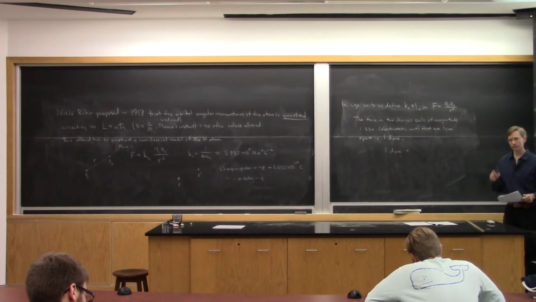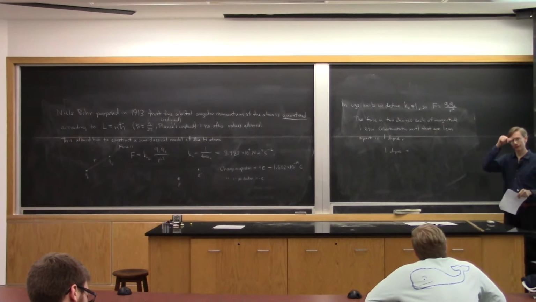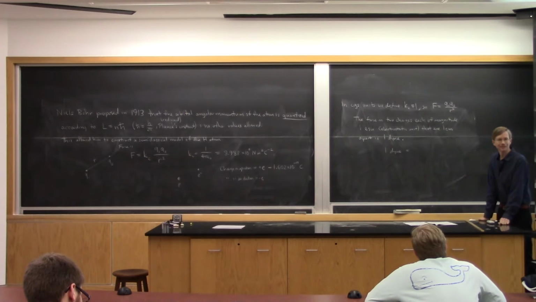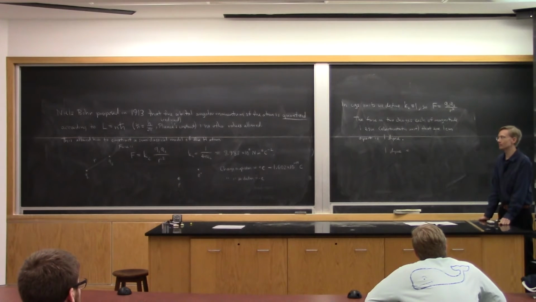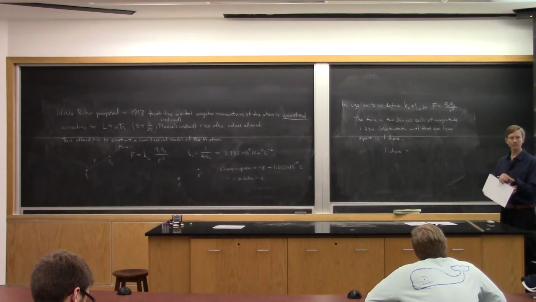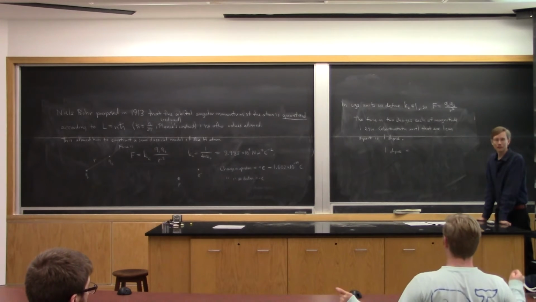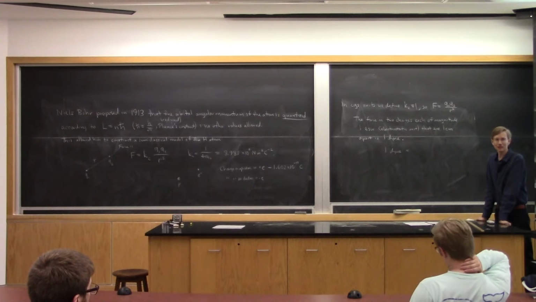So in SI units, of course, the force unit is the, what do we measure forces in? Newtons, right? And a newton in terms of fundamental meter, kilogram, second units is what? Kilogram meters per second squared, right? Mass times acceleration.